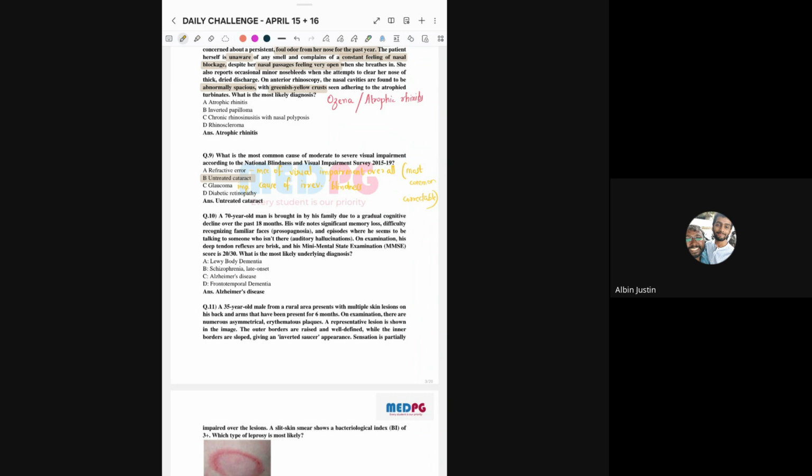Now question number 10. We say a 70-year-old man brought by his family due to a gradual cognitive decline. So there is a progressive cognitive decline with history of hallucinations. Progressive cognitive decline plus hallucinations.